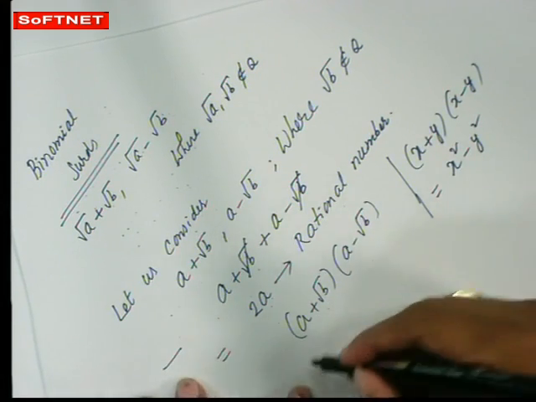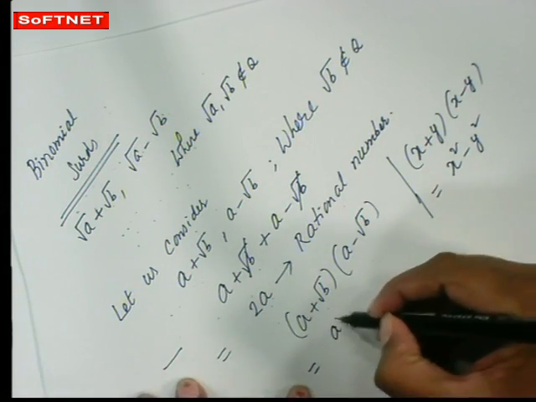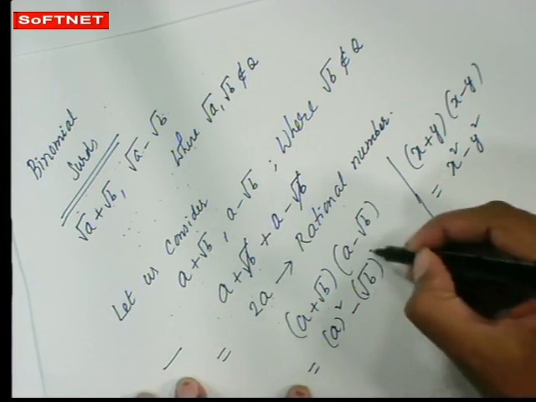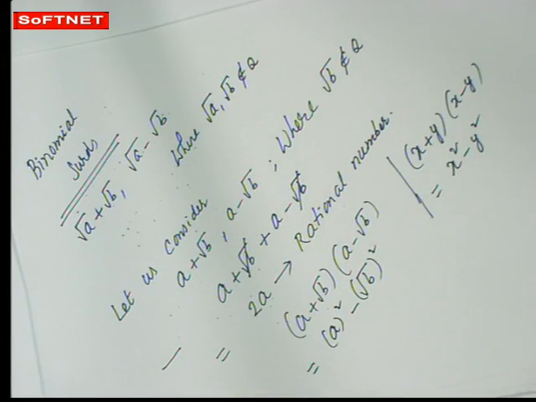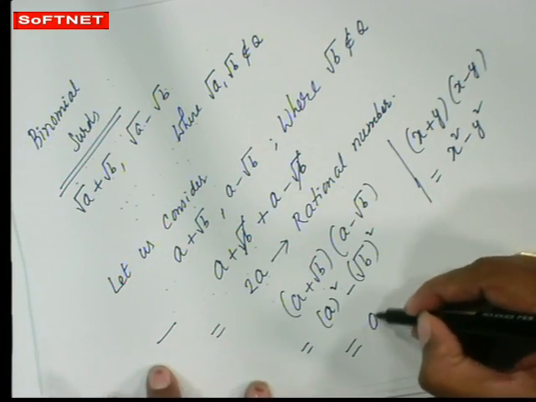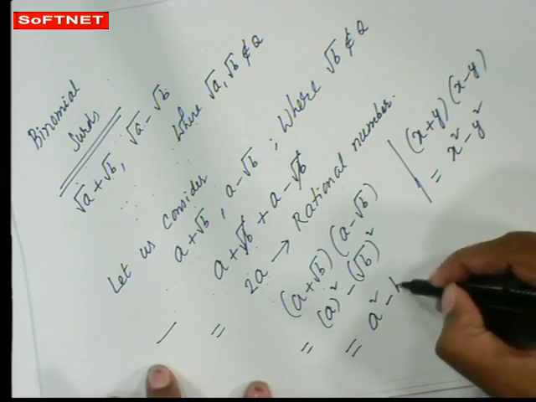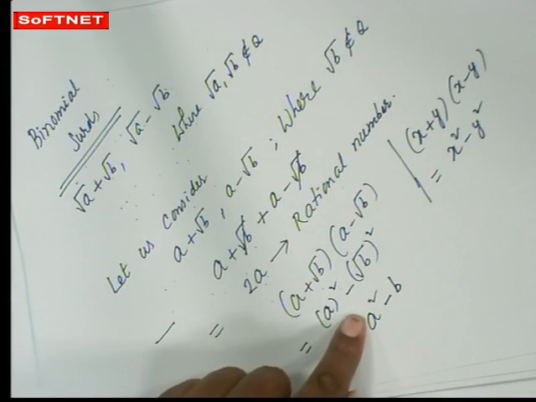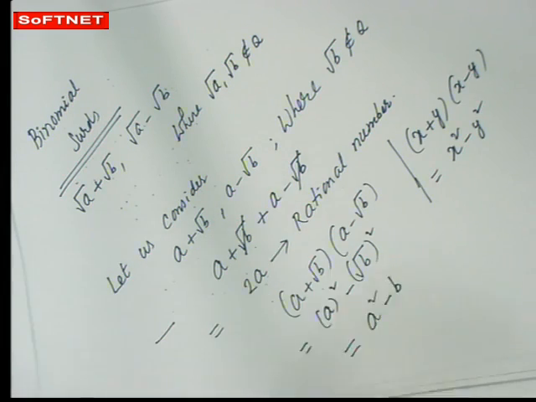So this can be written as a square minus root b square, which gives a square minus b. Observe, here a square is a rational number, b is a rational number. The difference of rational numbers is also a rational number. They follow the closure property under subtraction.